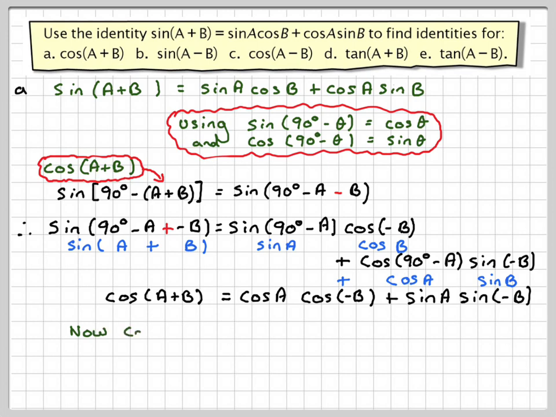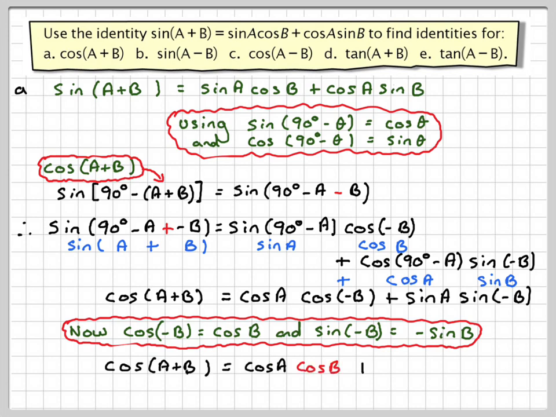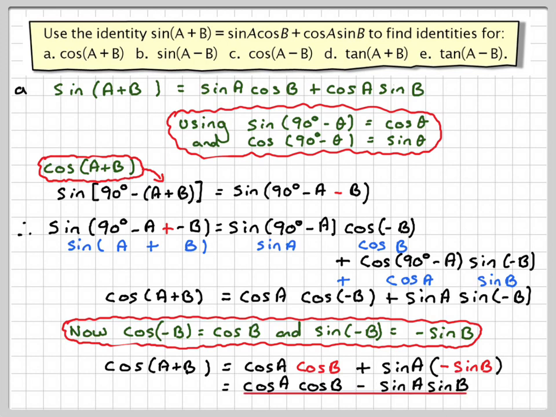Then using the fact that cos of minus B is equal to cos B, and that sine of minus B is equal to minus sine B, we end up with cos(A+B) equal to cos A cos B plus sine A times minus sine B, which is cos A cos B minus sine A sine B. So cos(A+B) will be equal to this.